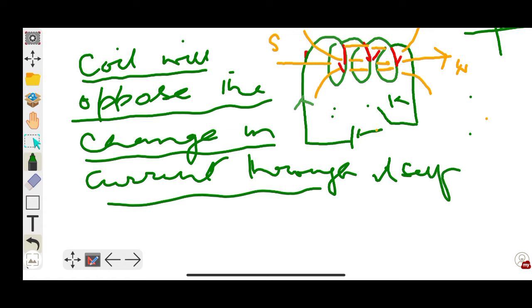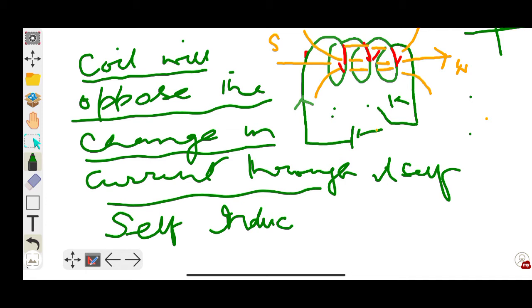So because the current is going through itself, we say that this opposition is a measure of, or we call it, self inductance, self induction. Self means current is changing through itself. If there had been a constant current, the induction of EMF would not have been there.